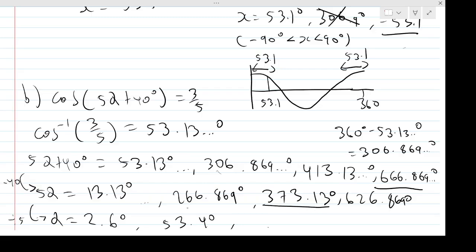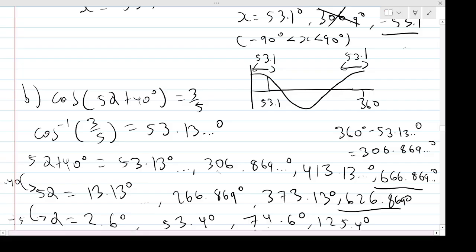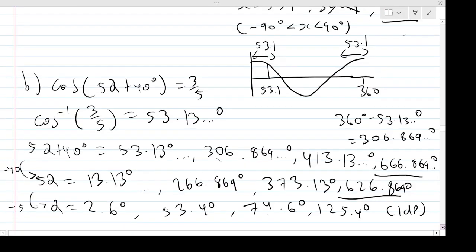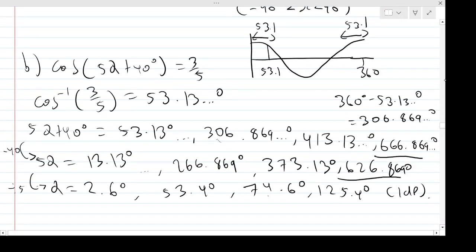Then this next solution, 373.13 divided by 5, I get 74.6 degrees. Then lastly, 626.869 divided by 5, I get 125.4 degrees if I round it. Okay, so that's the one decimal place. So those are my solutions for alpha, the first 4, right?